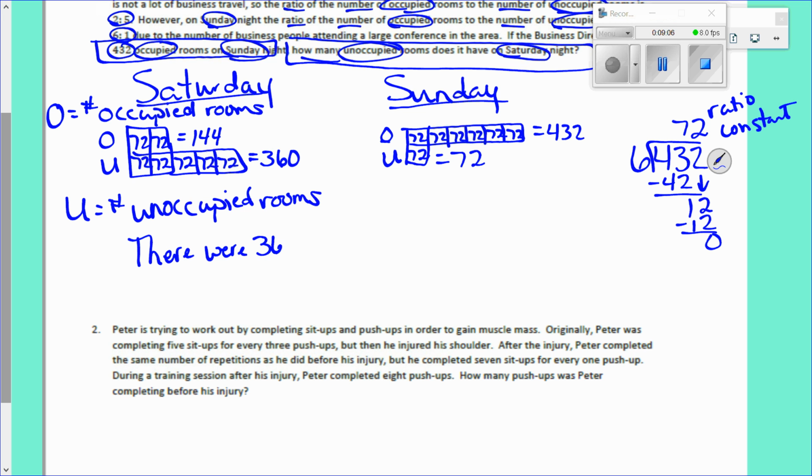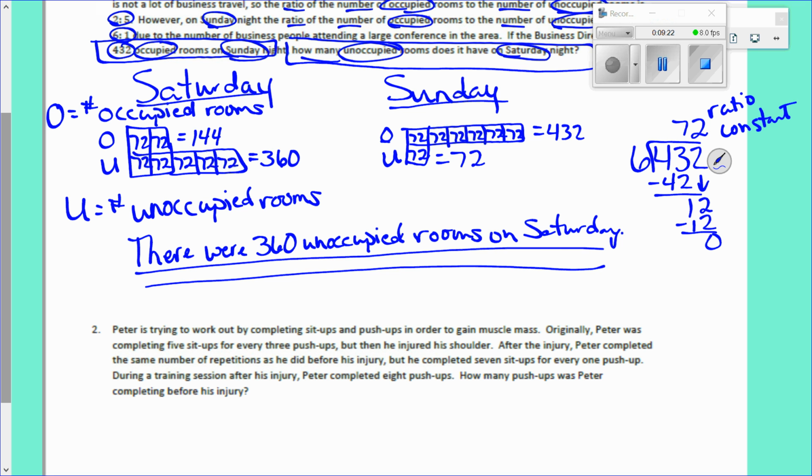There were 360 unoccupied rooms on Saturday. Does that make sense, guys? Who's still struggling on this? Please be honest. Okay, just a couple.